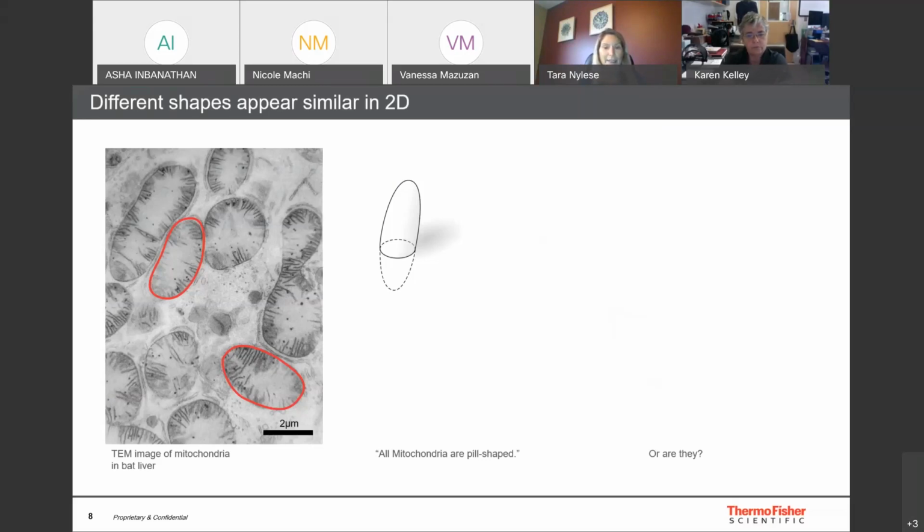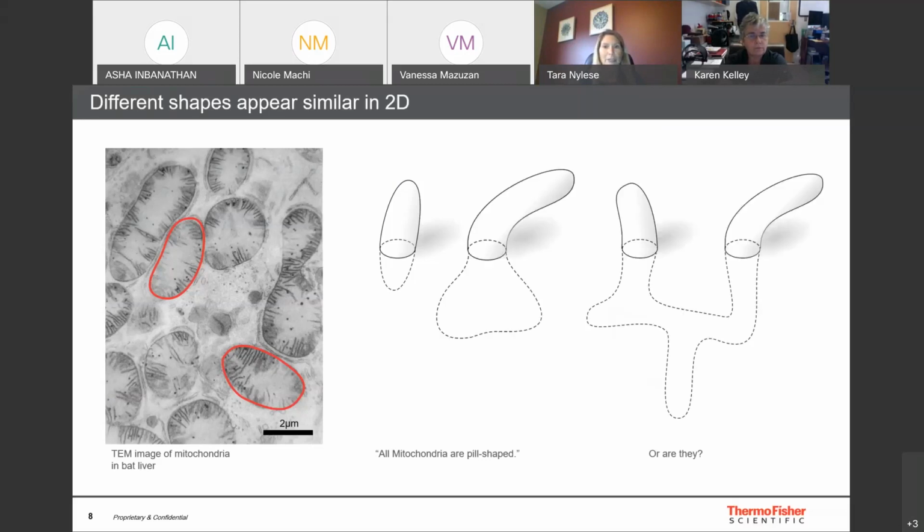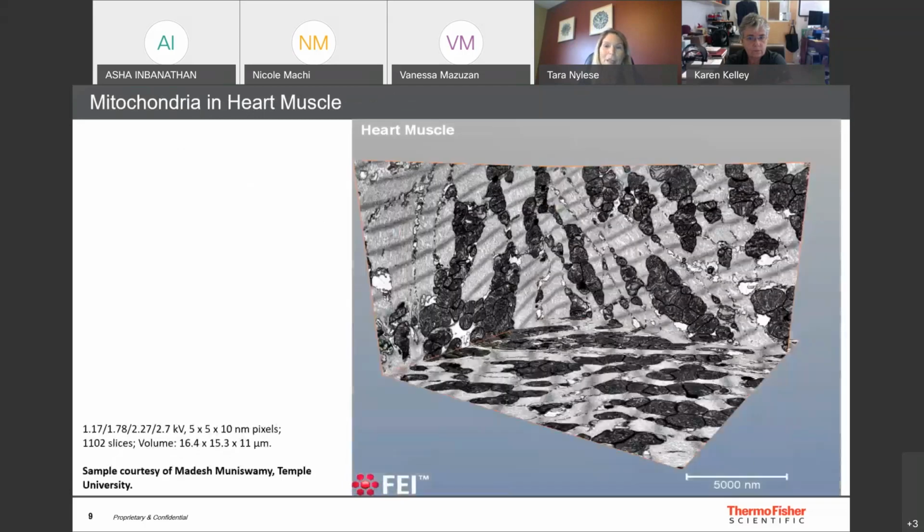We could then make the assumption that all mitochondria are pill-shaped based on that image and our prior knowledge of it. But we could also see that there are other possibilities. Depending upon our perspective on the mitochondria, we could see that they are in fact more complex, like the bifurcated area on the right and how much it branches out from the initial area.